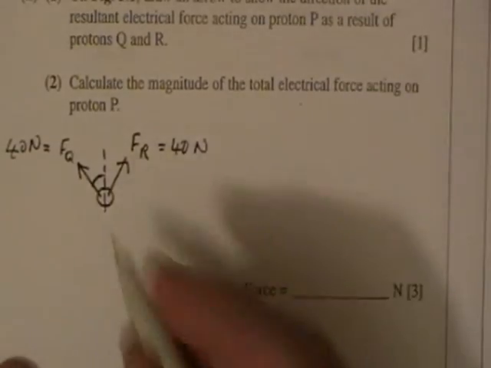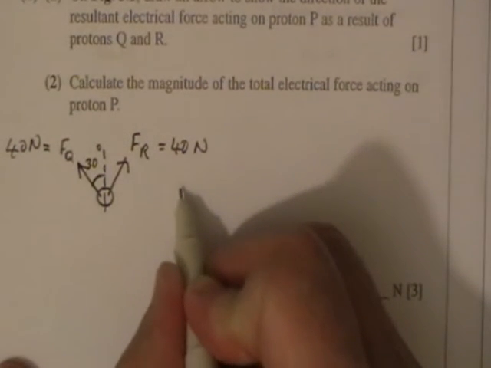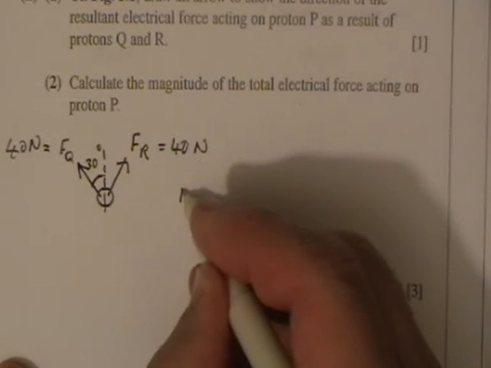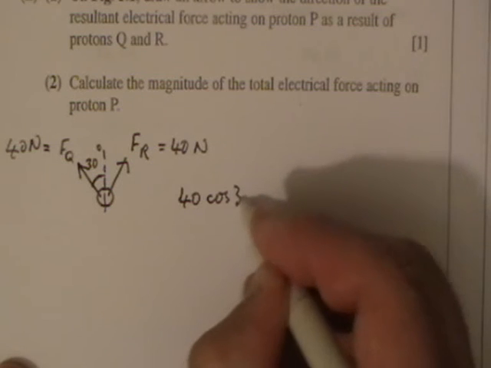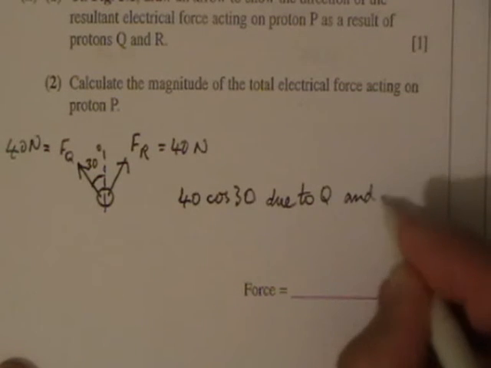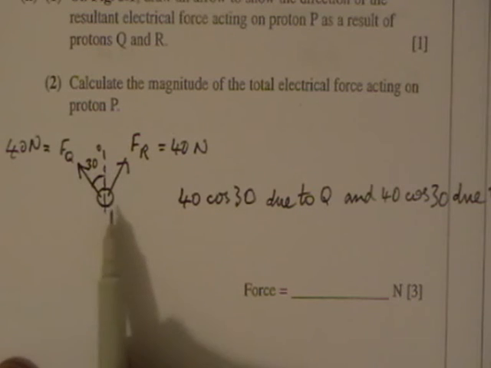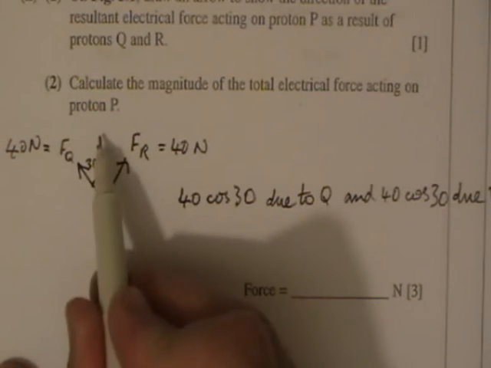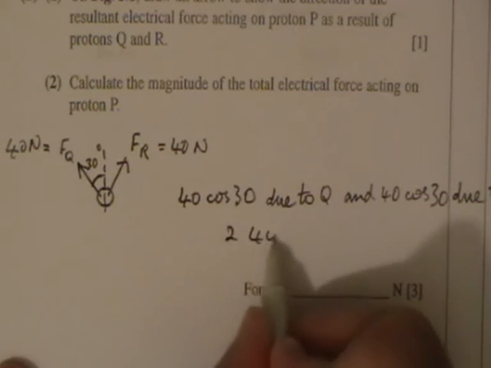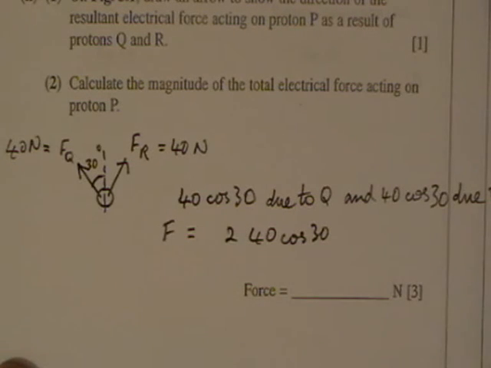Well, that angle is 30 degrees, and so the resultant force is 40 cosine 30 due to Q, and 40 cosine 30 due to R. Horizontally they're going to cancel each other out, so we've just got that one going up, so it's 2 times 40 cosine 30. That gives a value of 69 newtons.